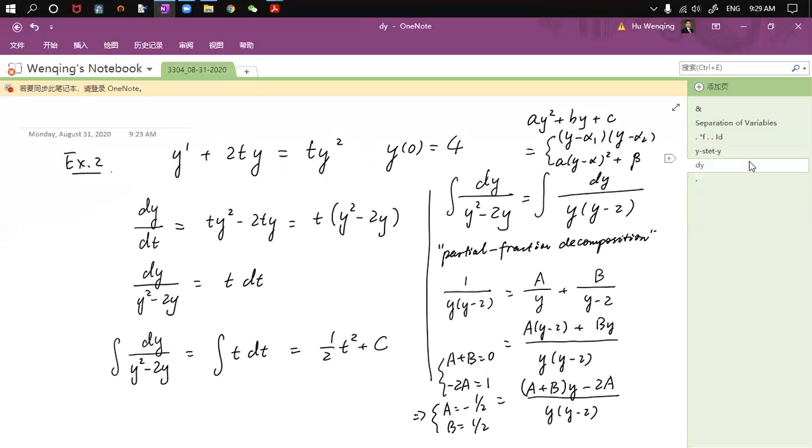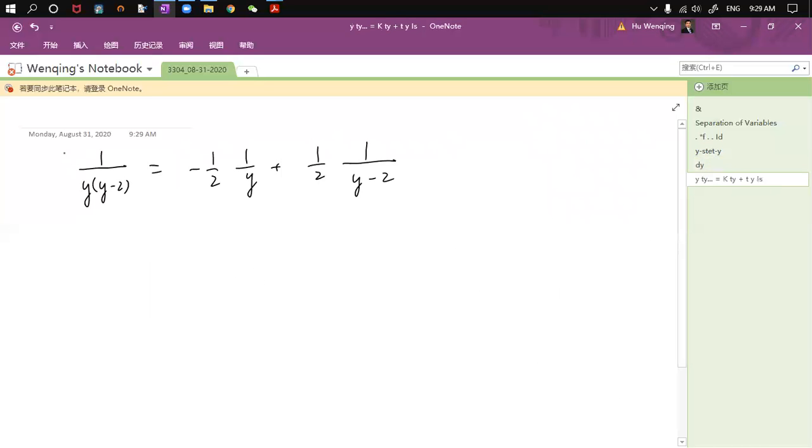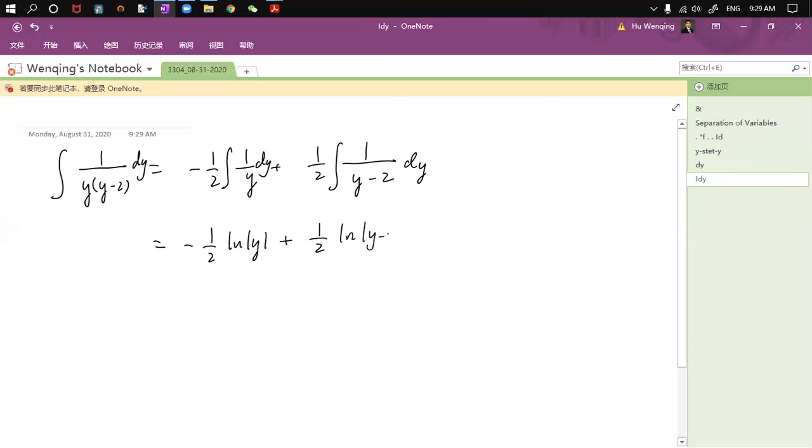So you're able to write everything like this, and if you integrate with respect to dy, it will be very simple. This is going to be minus 1/2. Remember, the integration of 1 over y is the logarithm of the absolute value of y, plus the logarithm of the absolute value of y minus 2. So that's going to be 1/2 of the logarithm of y minus 2 divided by y.